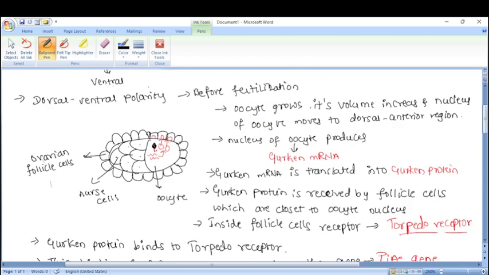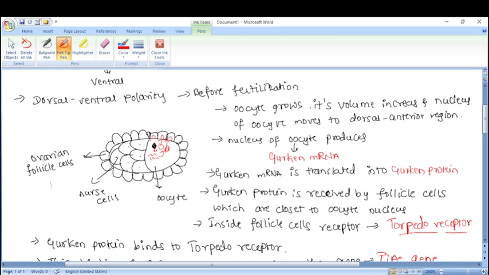Here, as the oocyte grows, the oocyte nucleus will produce the mRNA, that is the gurken mRNA. Later, this gurken mRNA is translated into gurken protein, and this gurken protein is received by the follicle cells which are nearer to the oocyte nucleus.